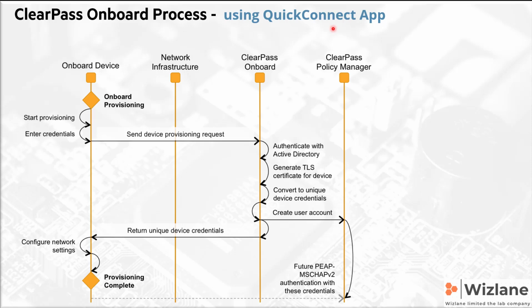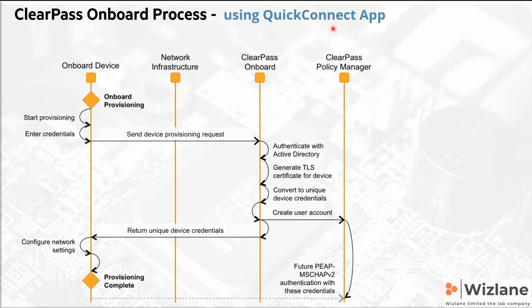The difference between these two is, in the Windows case, the Quick Connect itself is part of the onboarding, on the ClearPass itself. In the Android case, we will allow users to connect to Google Play or Google Android Marketplace. They will download that application.